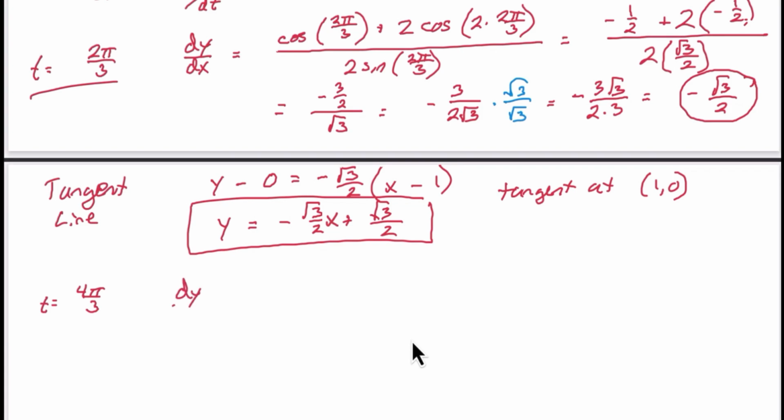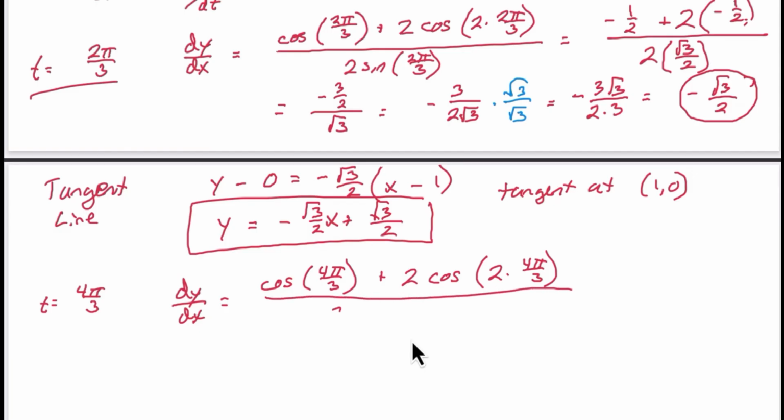So dy/dx. We have cosine of 4 pi thirds plus 2 cosine of 2 times 4 pi thirds, divided by 2 sine of 4 pi thirds. Again, lots of unit circle practice.